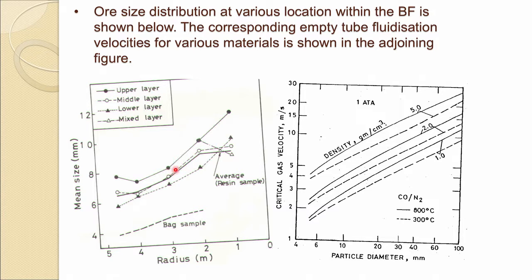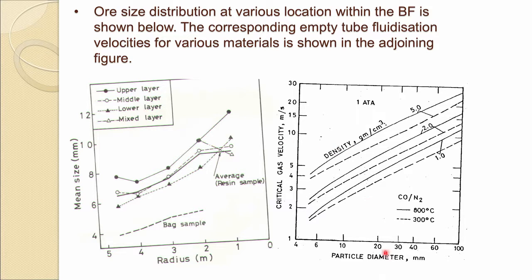And this shows the mixed layer, this one which is coinciding more with that. If you look at the respective densities, the typical density of iron ore is around 5. So, the fluidization velocity for that with respect to the particle diameter, you can see in meters per second.